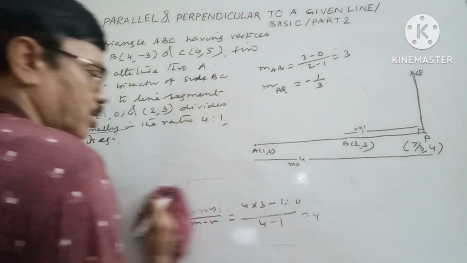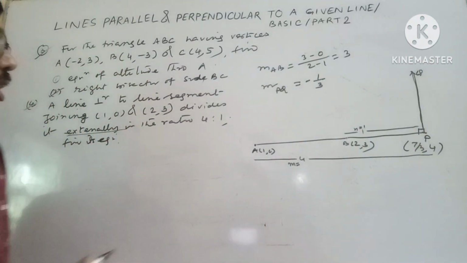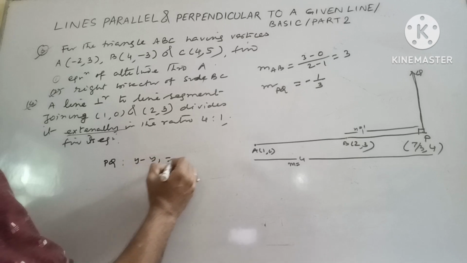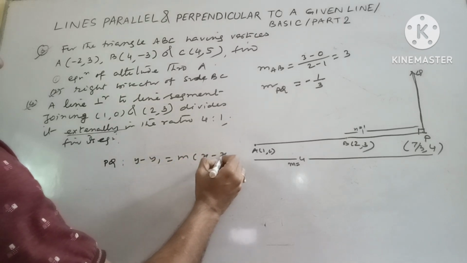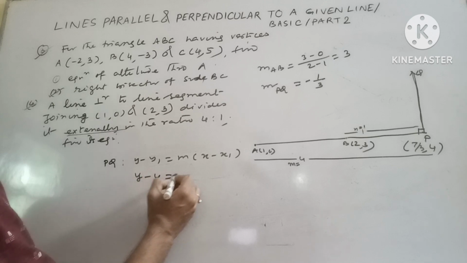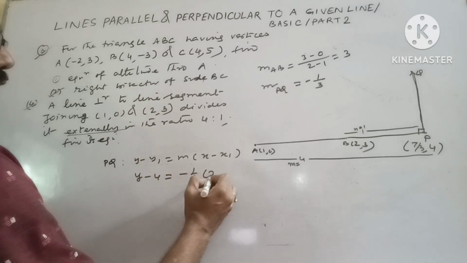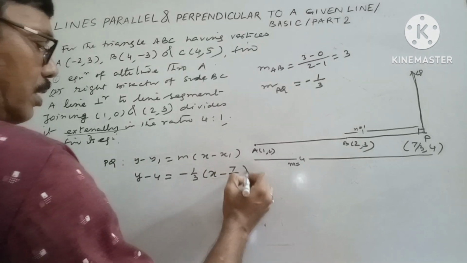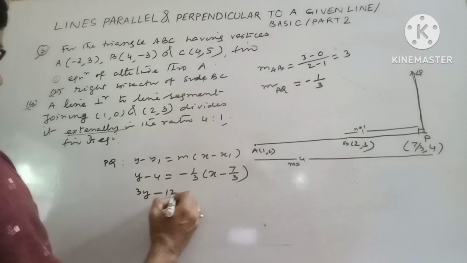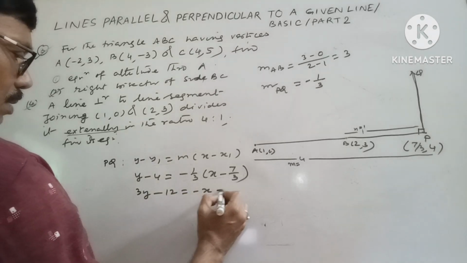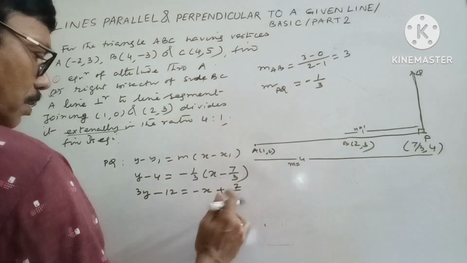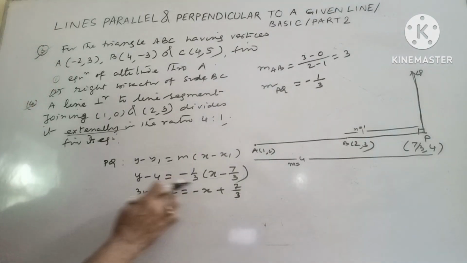So by point slope form, the equation of PQ: y minus y1 equals m into x minus x1. So y minus 4 equals minus 1 by 3 into x minus 7 by 3. Simplifying, you get the result.